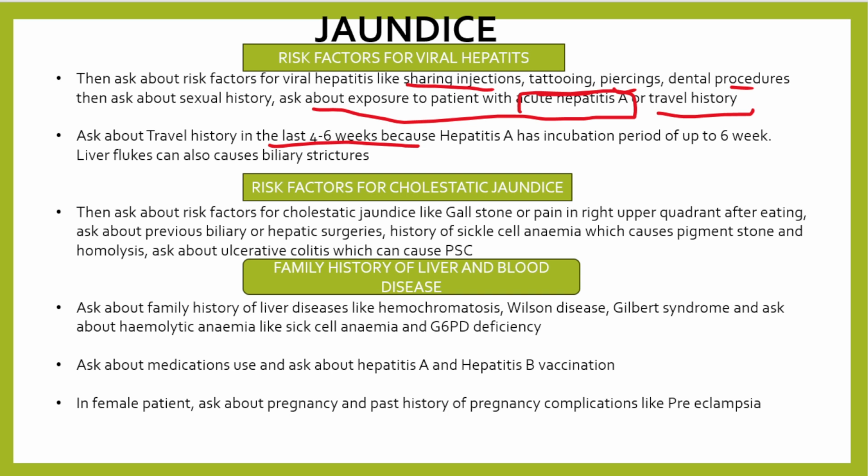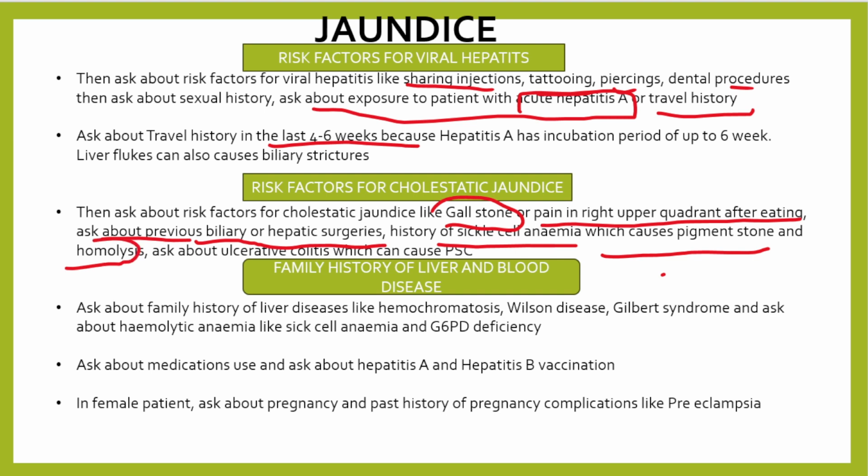Then risk factors for cholestatic jaundice. We will ask about any past history of gallstones, or any pain in the right upper quadrant after eating, which will tell us that there is some gallstone problem going on. We will ask about previous biliary or hepatic surgery, and history of sickle cell anemia, because it can sometimes cause pigment stones, which cause obstruction, and sickle cell anemia can also present with hemolytic crisis.